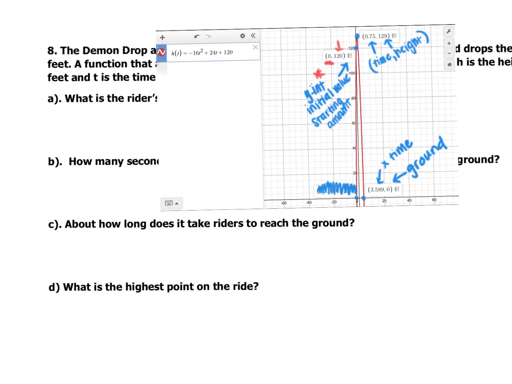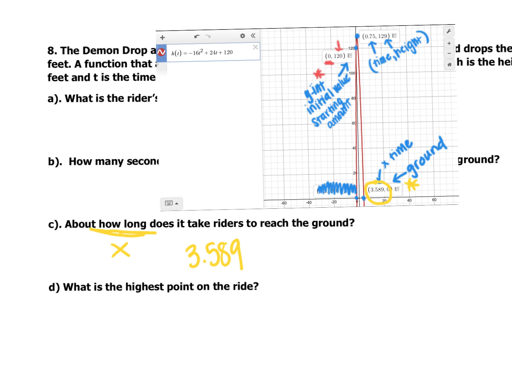We already saw the ground is this point on the right-hand side down here. It's asking how long, so it's asking for that x value. Our x value at the ground is 3.589.